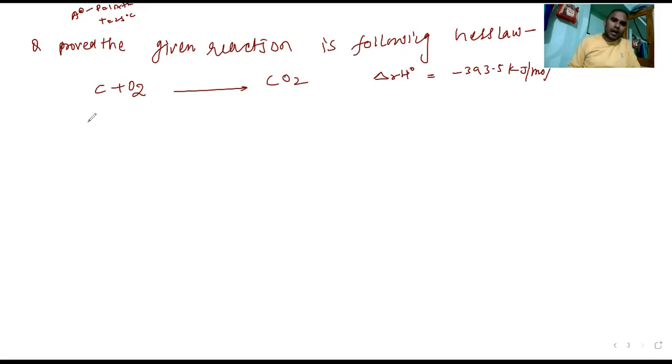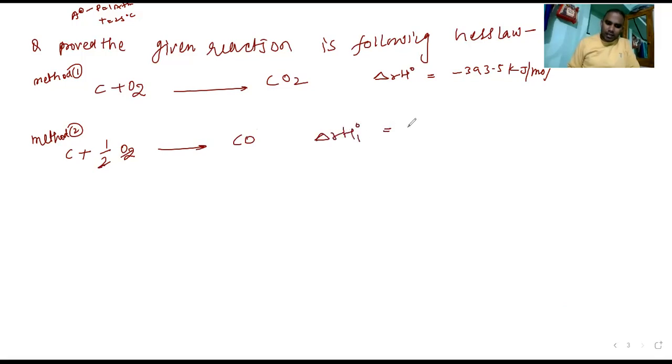Now they are talking about one more reaction they have given, C plus half O2. This is method one, and here you can see method two. C plus half O2 goes to CO, with delta rH1 naught of minus 110.5 kilojoule per mole.